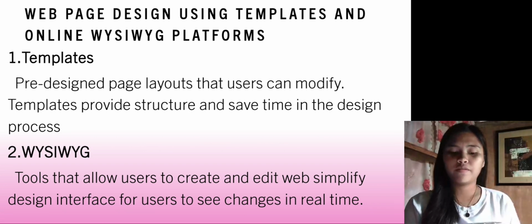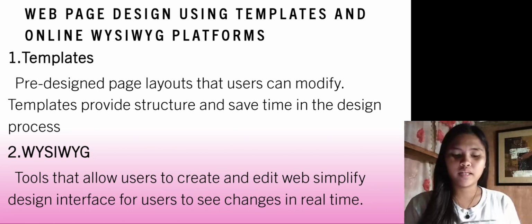WYSIWYG describes a type of software interface that allows users to create and edit content visually, with the final output closely resembling the on-screen display. This means you can see exactly how your document, web page, or presentation will look when it's published, without needing to rely on code or complex formatting commands.